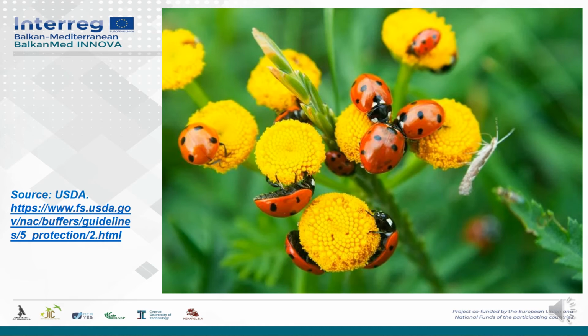From the other side, it is very delicate. It can stay only in a clean environment without pollution, and that's why for us the lady beetle is the symbol of the clean environment, of the healthy ecosystem.